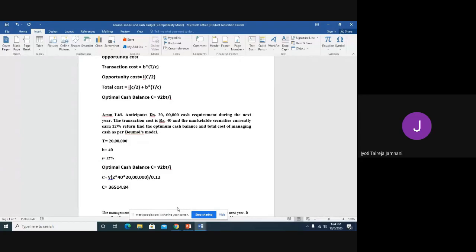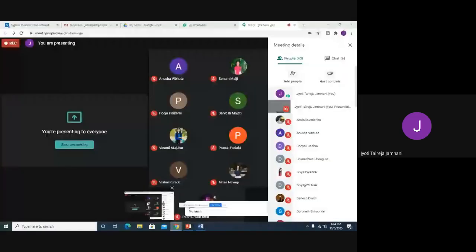So this is the value of C. Any doubts, anybody, till here? Others also, I am expecting you to get the calculator in the next class and calculate. Okay.